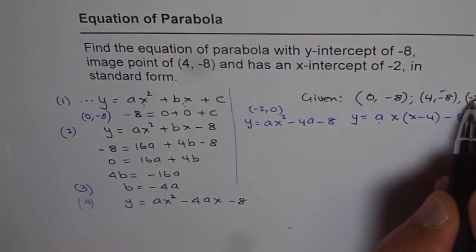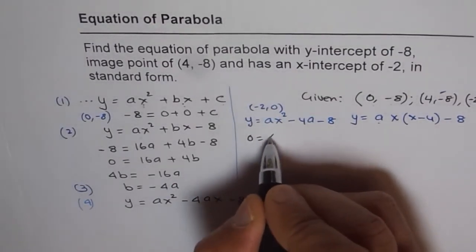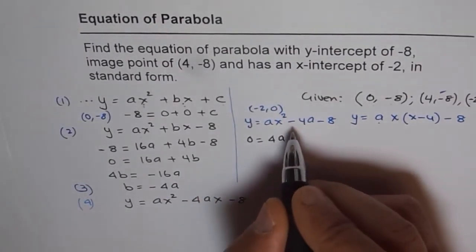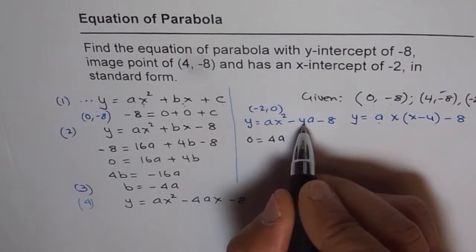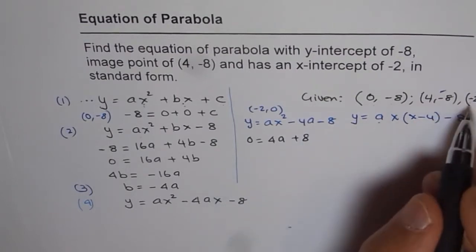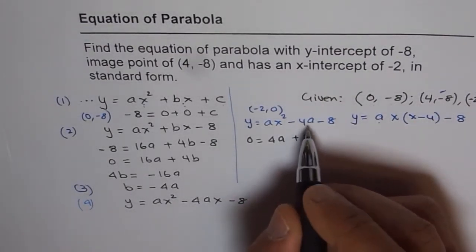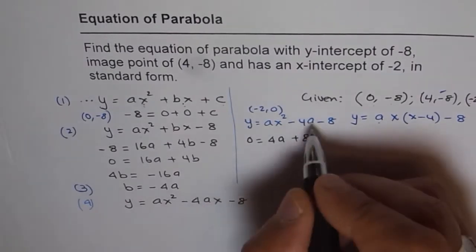Minus 2 is the x value, and the y value is 0. So we get 0 equals minus 2 squared is 4, so 4a. Minus 2 times 4 will make it plus 8. Oh no, this is only a, so it is ax squared minus 4ax.